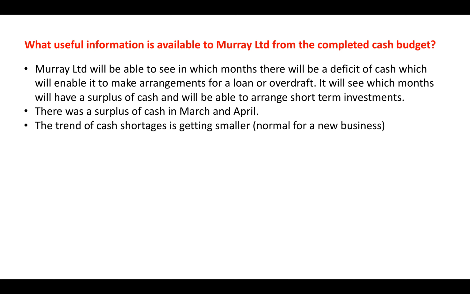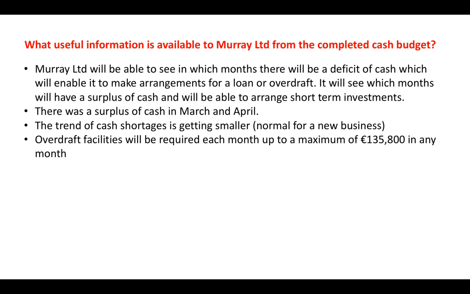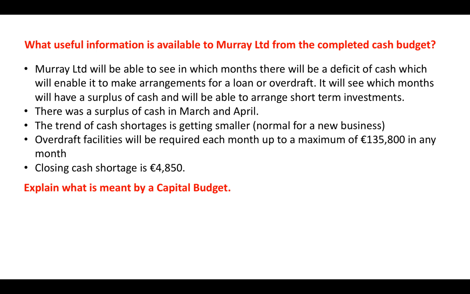The trend of cash shortages is getting smaller, which is normal for new businesses, as they usually have a lot of cash shortages in the first few months. We always have deficits. Overdraft facilities will be required each month up to a maximum of €135,800 in any month. Closing cash shortage is €4,850.